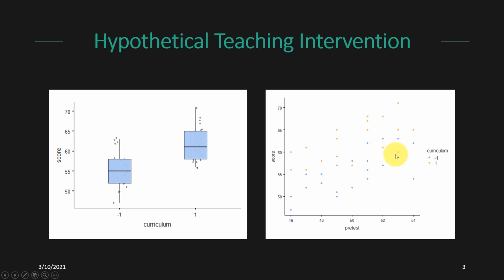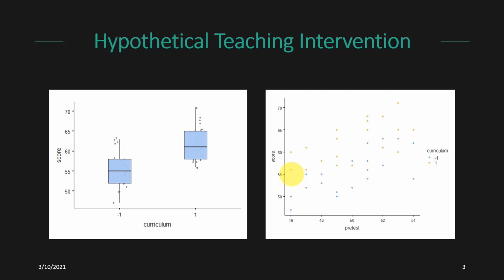That difference is reflective of our treatment, the actual effect of receiving these two different curricula. However, there's also variance being explained by what your pretest score was. For all these levels of post-test score, if you had a higher pretest, we expect you to score higher. If you had a lower pretest, we expect you to score lower. So there are multiple sources of variance tied up in these post-test scores.